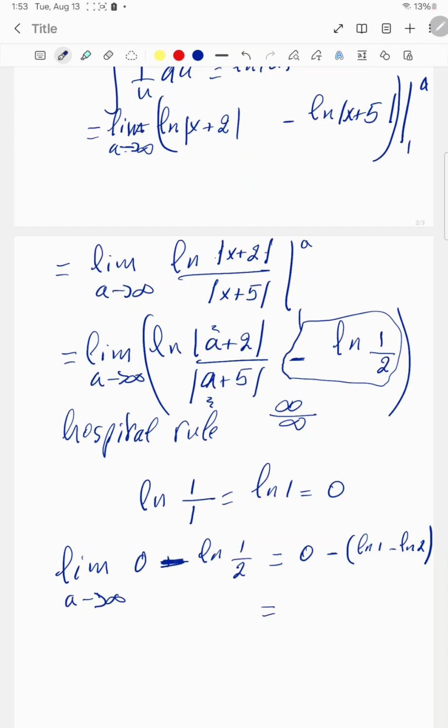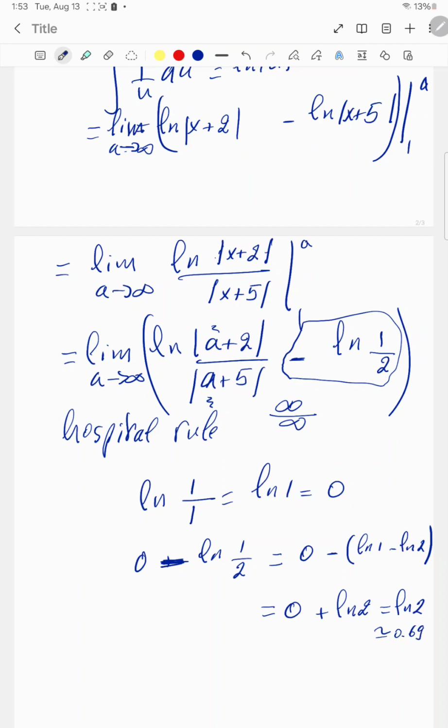Actually here I don't have to put the limit. This is not necessary. It becomes 0. ln of 1 is 0, minus times minus is plus ln of 2, and we know that it goes to ln of 2, and ln of 2, if you do it on your calculator, is almost equal to 0.69.